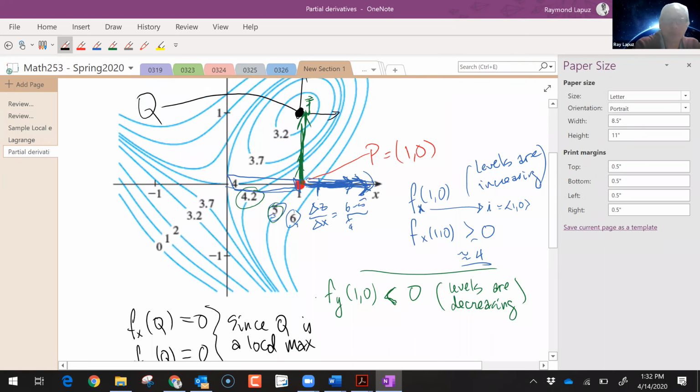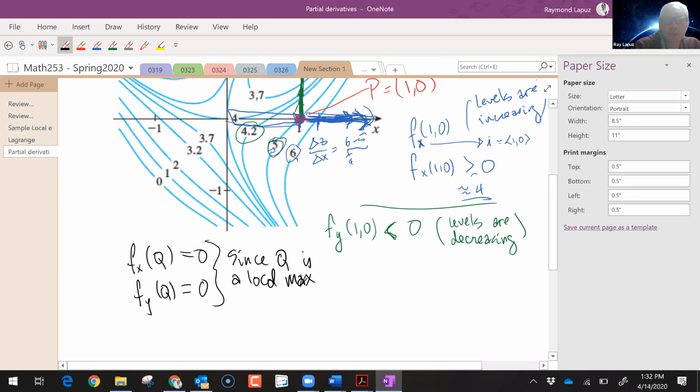I think it's a minimum. So it goes from 3.7 to 3.2. So this is probably going to be lower, right? So this is a local minimum. Since Q is a local minimum, the first order partial derivatives are 0.